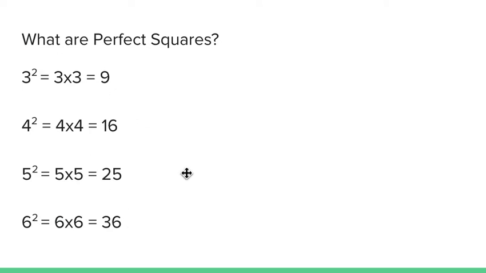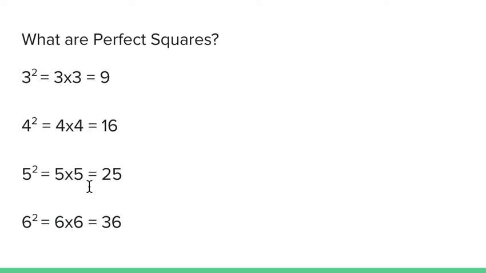What are perfect squares? Well, perfect squares are numbers that we get by multiplying a number by itself. So 9 is a perfect square because it is achieved by multiplying 3 times itself. 16 is a perfect square because we get it by multiplying 4 times itself. 25, also a perfect square because we get 25.